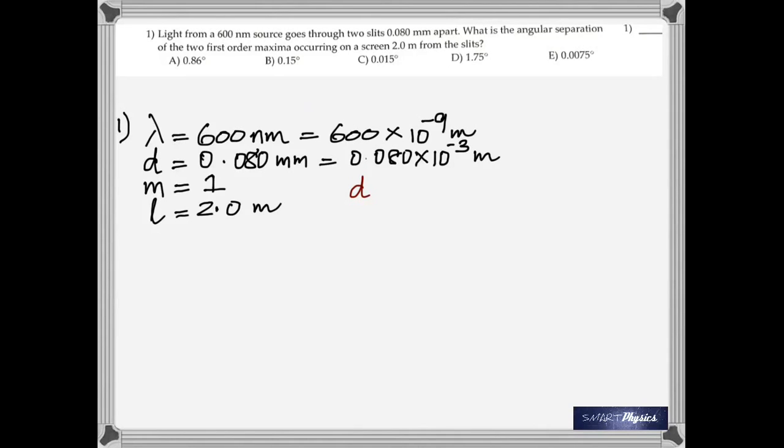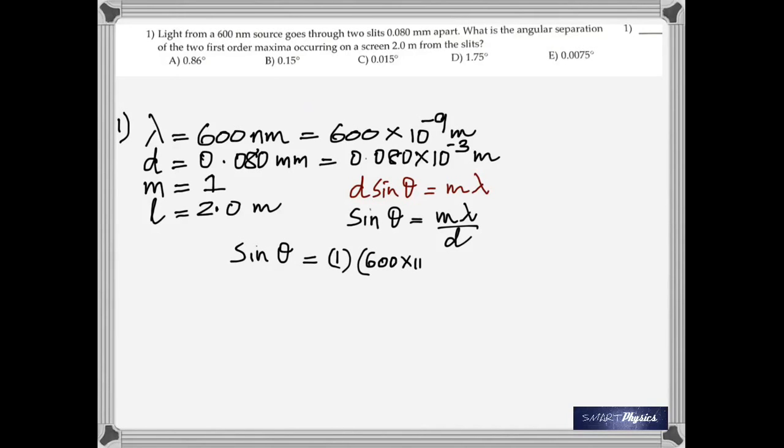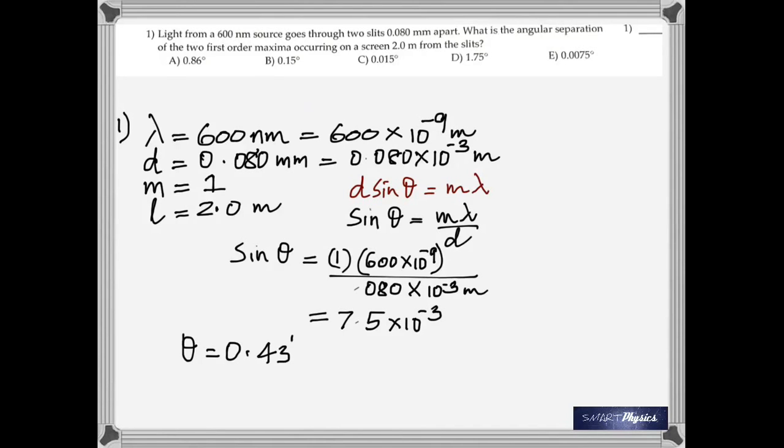The distance is 2 meters, and we use d sine theta is equal to m lambda and find sine theta. On substitution, you get sine theta as 7.5 times 10 to the negative 3, from which theta is 0.43 degrees.